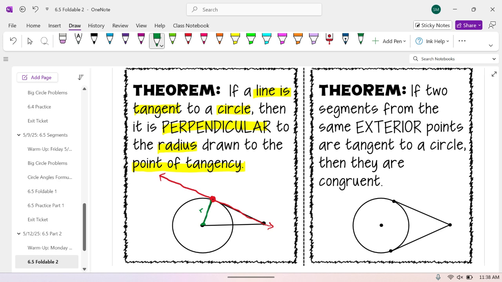So this is R. This line is T. So, if we have the point of tangency, all right, that means that where they intersect right here is a right angle.